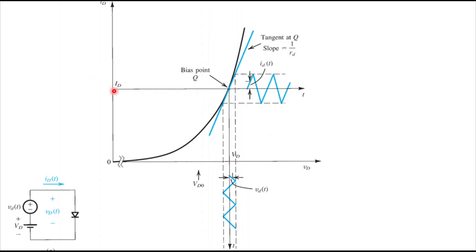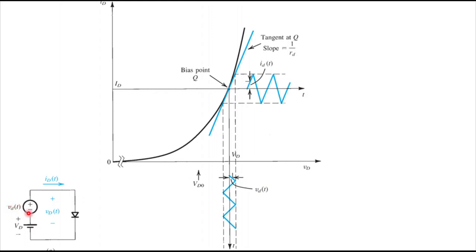So the average value of the current is ID, which corresponds to the average value of the voltage that is applied across the diode. But then the voltage across the diode is changing, so the current through the diode is also changing. And if we just try to relate this change, notice that it's not just the small signal that is applied to the diode.